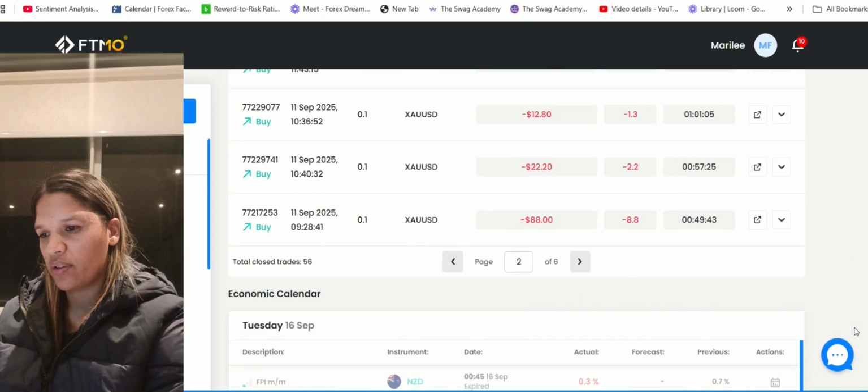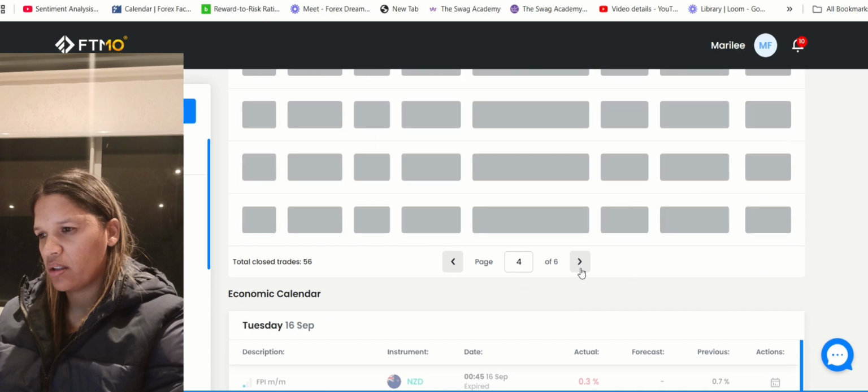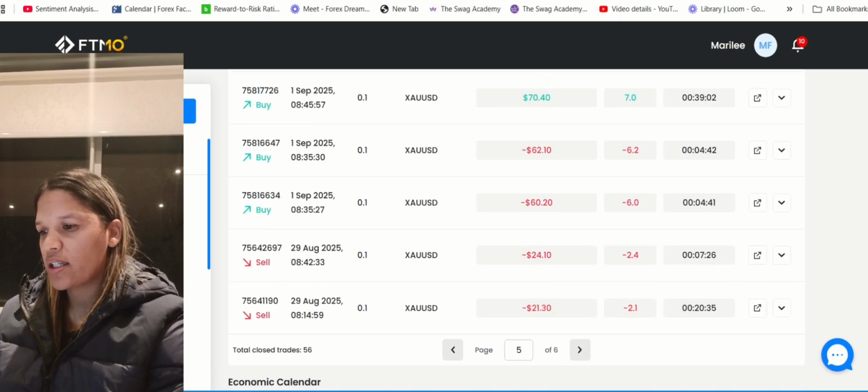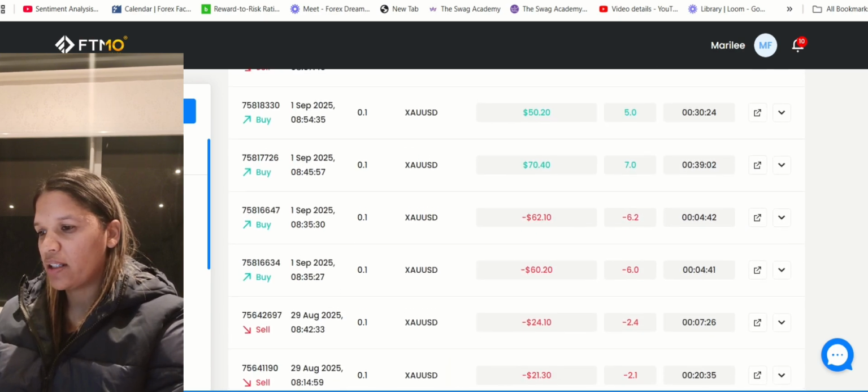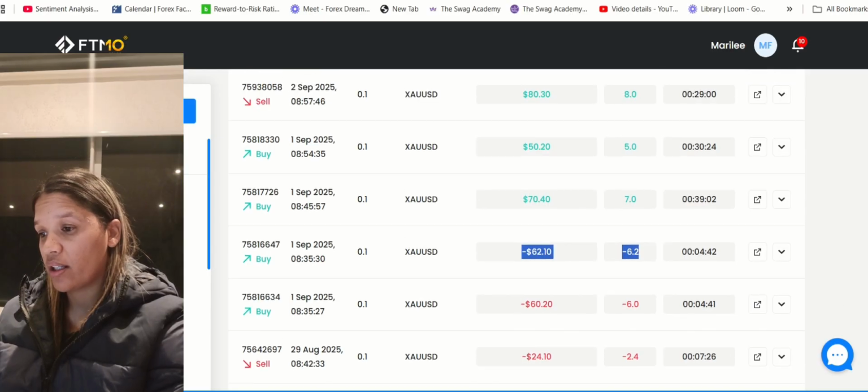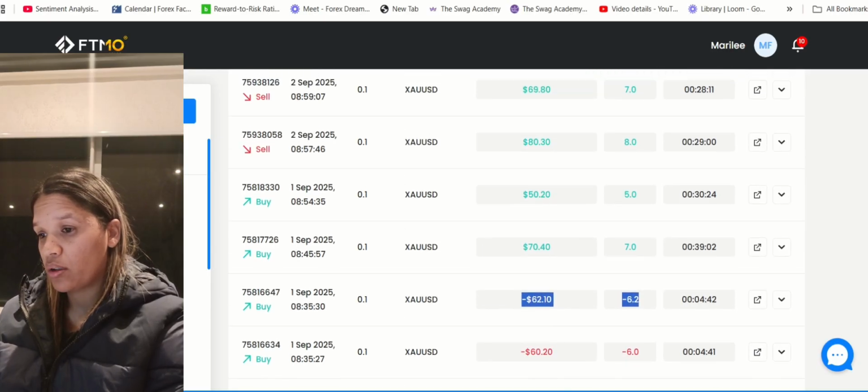Let's go to the 1st of September. Here it is. So you will see I took a buy, but my entry was a bit off. These two, I opened these two at around 8:35, and the market spiked so quick and I was stopped out. Something drastically happened. However, on the same day, I took another setup and I entered at 4.5.